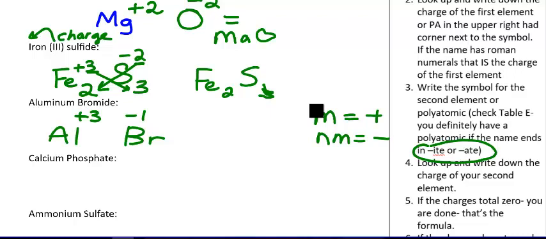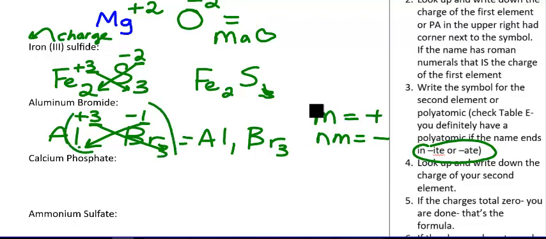Those don't equal 0, so you crisscross. You will need 1 aluminum, right? This becomes the subscript, but not the negative, because that's the number of atoms. 1 aluminum, and this number becomes the subscript for bromine, 3 bromines. Because now you have one thing that's +3 and 3 things that are each -1. So now that's your answer, the compound is neutral.